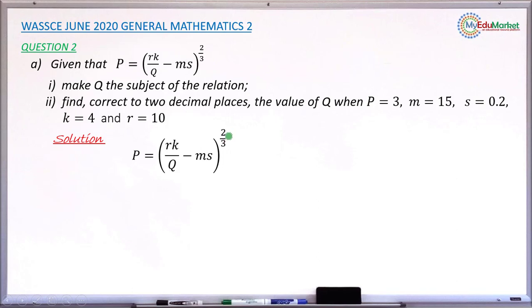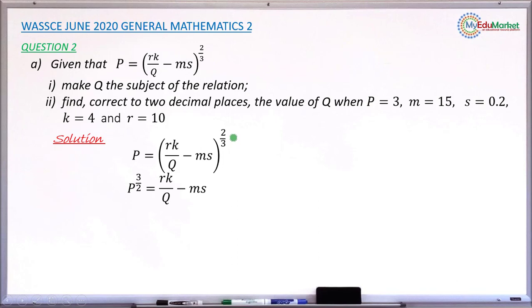To clear this power, you take the power of the reciprocal of 2 over 3 to both sides. The reciprocal of 2 over 3 is 3 over 2. So on the left-hand side you now have P raised to the power of 3 over 2, equals, on the right-hand side, that power 2 over 3 multiplied by power 3 over 2.